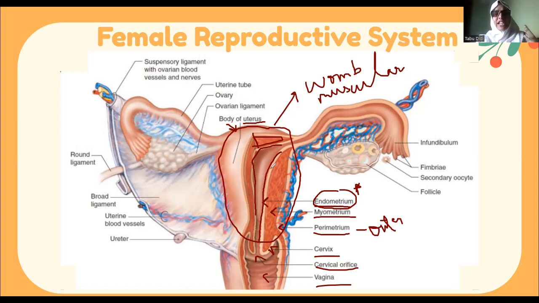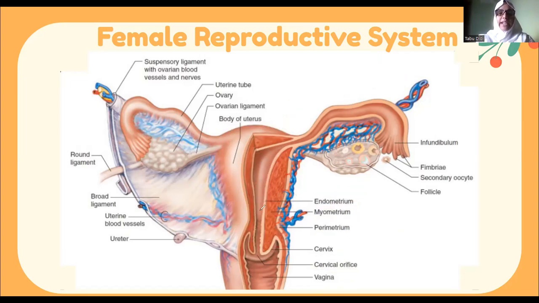Basically the blood vessels are ruptured, and everything is collected and exits the vagina in the form of droplets of blood. So endometrium, myometrium, and perimetrium, these three linings make up the three parts of the uterus.